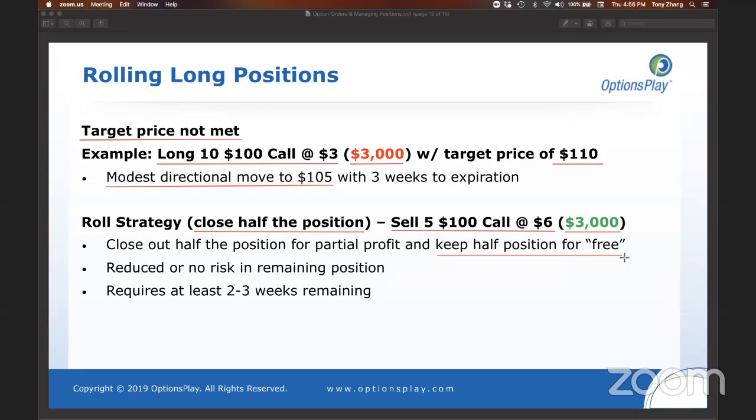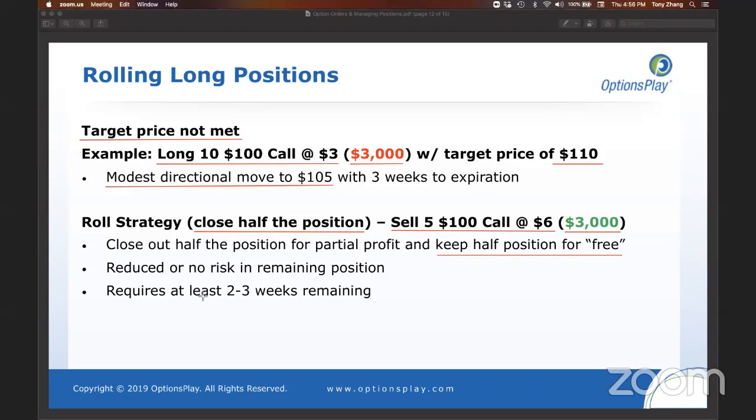So I've now collected $3,000 in debits, which offsets the $3,000 that I've paid for the original 10 contracts. So now I'm able to keep half my position so that I still think the stock might reach 110. It just hasn't reached it now. But now I'm able to effectively take that bet that the stock will still reach that 110 without risking a single dollar on this specific trade.